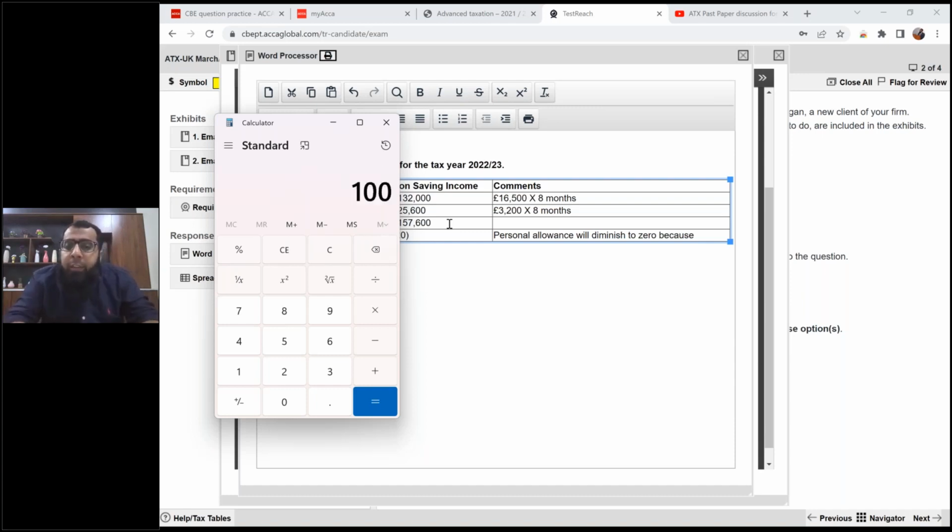The limit is 100,000. If the income exceeds 100,000, the personal allowance starts to diminish. It diminishes by £1 for every £2 of excess. Your personal allowance is 12,570, and it will diminish to 0 when your excess is 25,140.